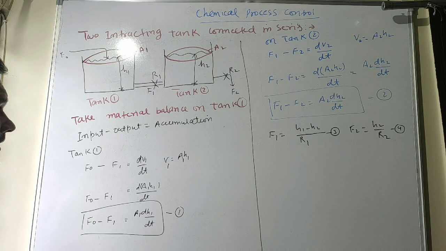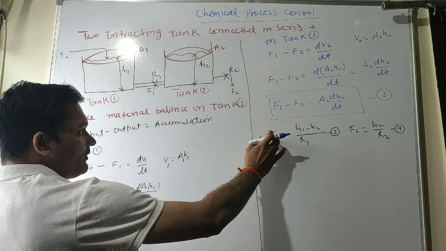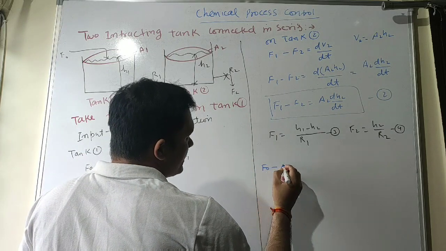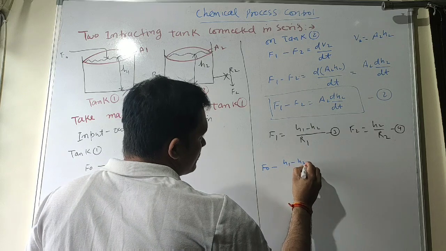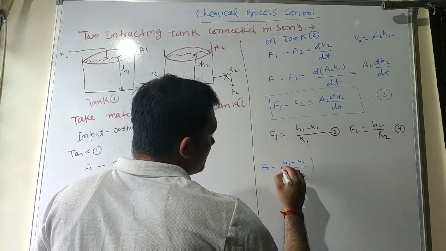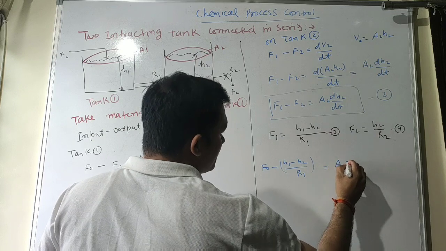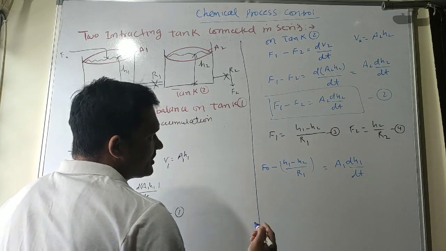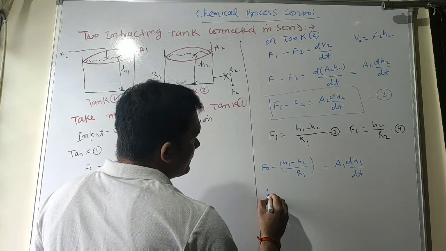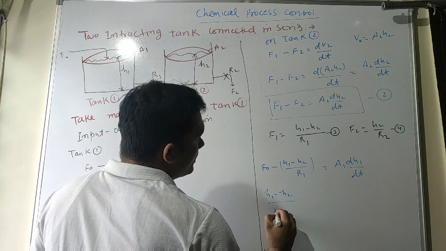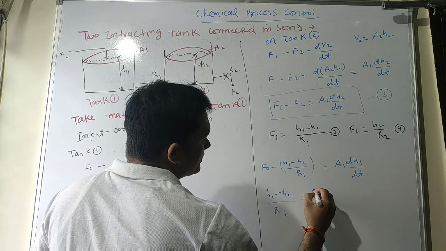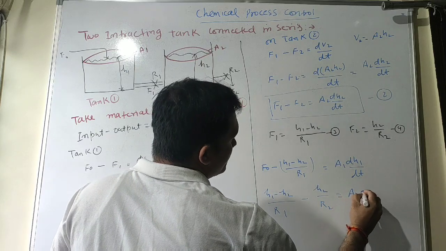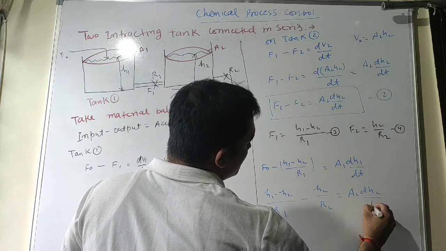Now, if we put the values of F1 and F2 in equations 1 and 2, we get F0 minus H1 minus H2 upon R1 equal to A1 dH1 upon dt. Similarly, from equation 2, H1 minus H2 upon R1 minus H2 upon R2 equal to A2 dH2 upon dt.